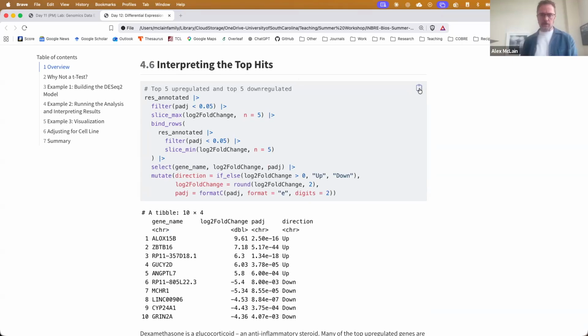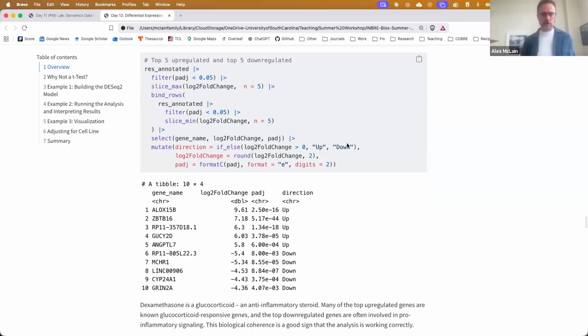I'm going to copy this and paste it over into RStudio in a second. So here we're looking at the top 5 upregulated and the top 5 downregulated genes. We're starting with the results, filtering by 0.05, and then using the slice max function for the log2 fold change and only getting 5 of those.